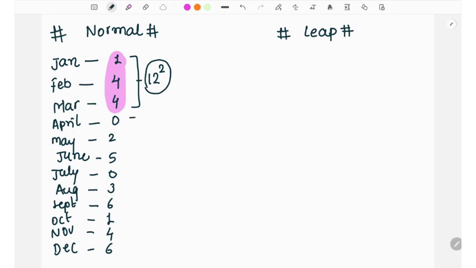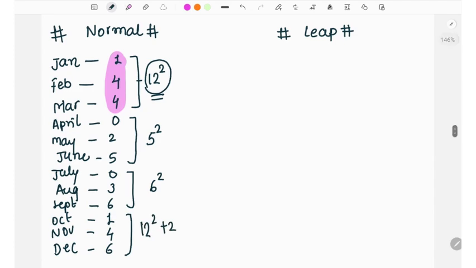Now after this, 025. Now 25 is the square of 5, students. So 025. 036. 36 is the square of 6. Now 146. We have taken first of all 12 square. Correct? So now use 12 square plus 2, that is 144 plus 2 will give me 146. Correct? In this way you are gonna remember the codes. Okay.